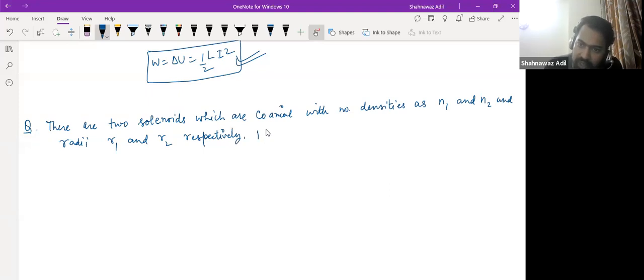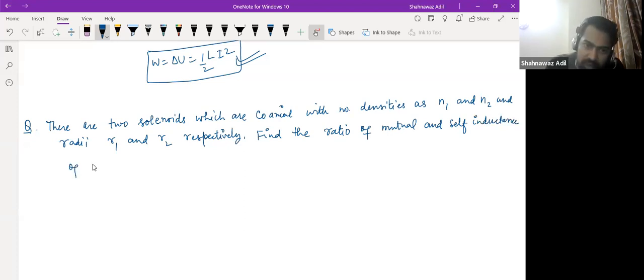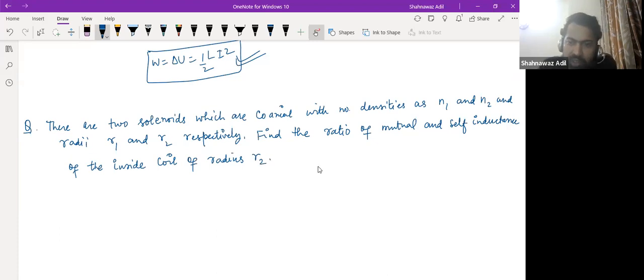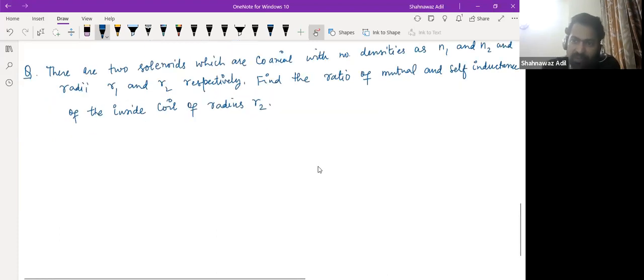Find the ratio of mutual and self inductance of the inside coil of radius r, right?